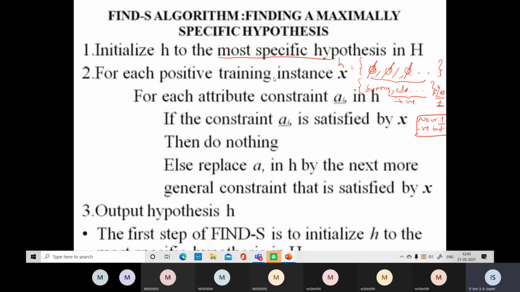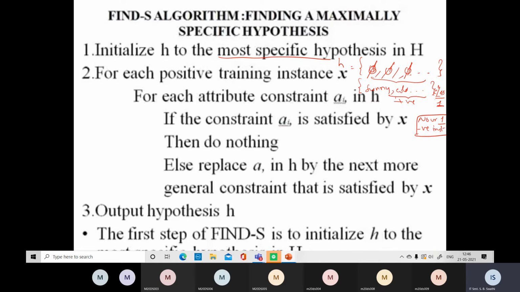Okay, so after finding this specific hypothesis, we are going to take a set of instances, that means a set of inputs. Among those, some may be positive instances, some may be negative instances. Remember, instance means inputs; every time we are going to use the word instance here.